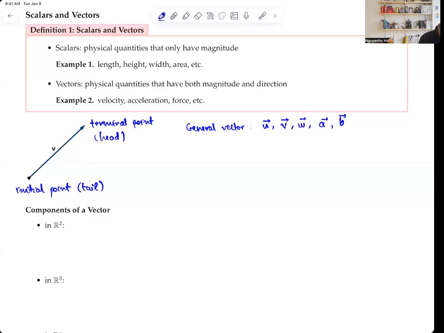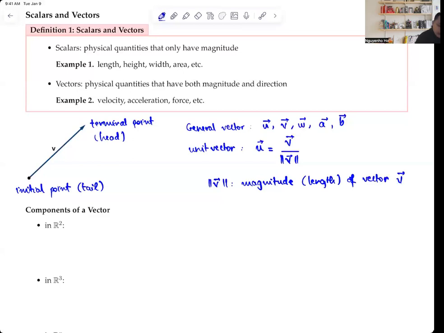When we talk about a unit vector, let's say I have a unit vector U equal to the vector V divided by the magnitude of the vector V. In this case, this notation indicates the magnitude or the length of vector V. I use two vertical lines on each side of the vector, so this is the notation that I use for norm or magnitude, but certainly you can use this notation as well.